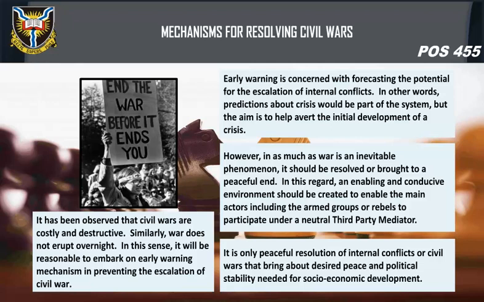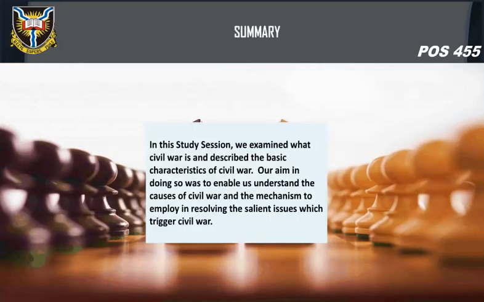In this regard, an enabling and conducive environment should be created to enable the main actors, including the armed groups or rebels, to participate under a neutral third-party mediator. It is only peaceful resolution of internal conflicts or civil wars that brings about the desired peace and political stability needed for socio-economic development.